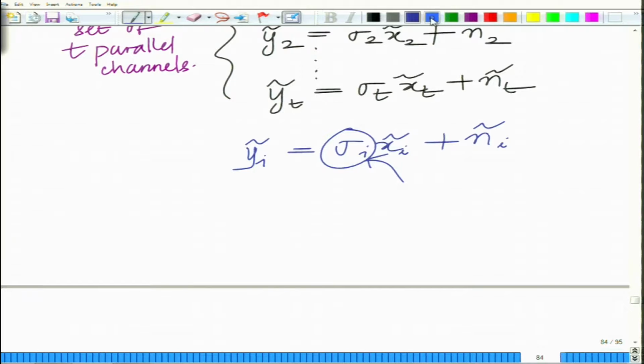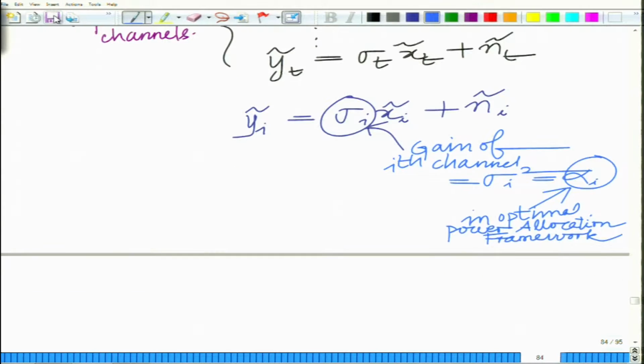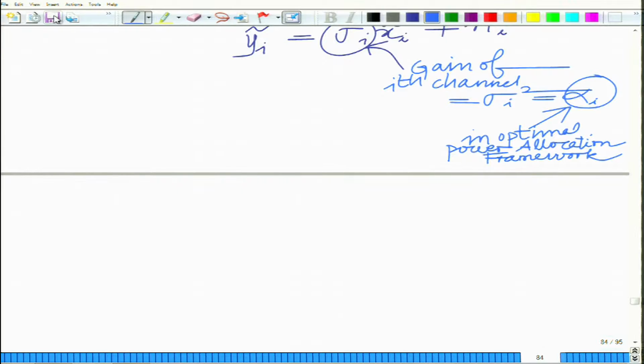Gain of ith channel, sigma i is the amplitude gain, so the power gain will be sigma i square, which is alpha i in your optimal power allocation framework. For the optimal power allocation framework, alpha i is sigma i square.